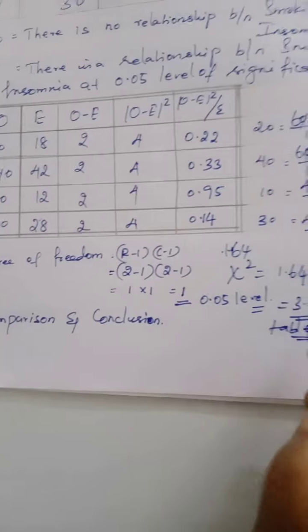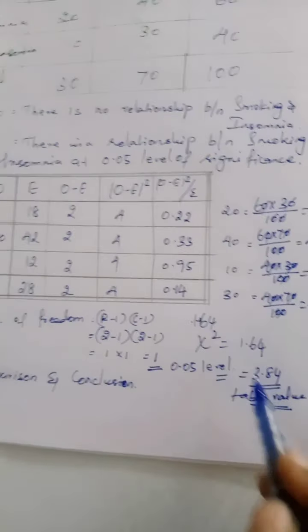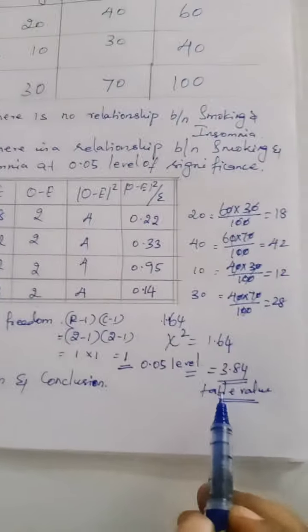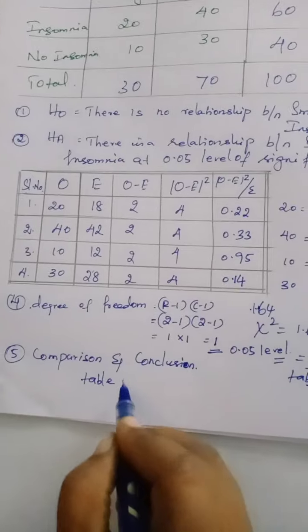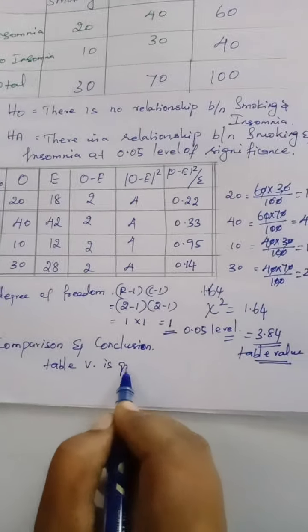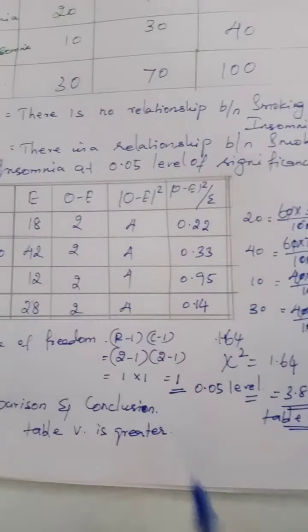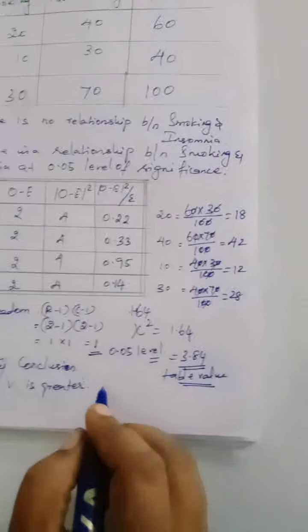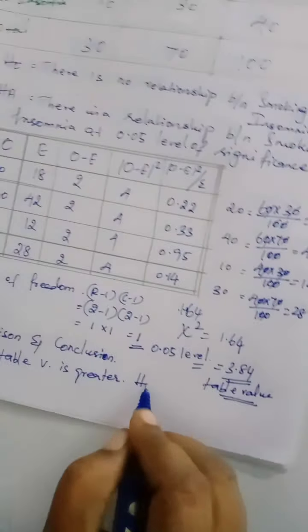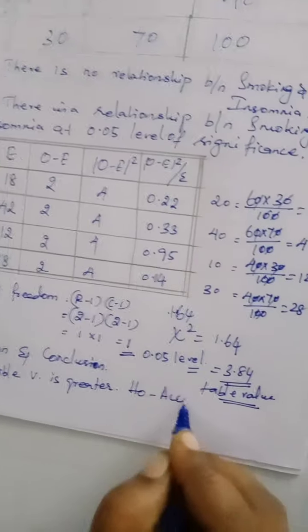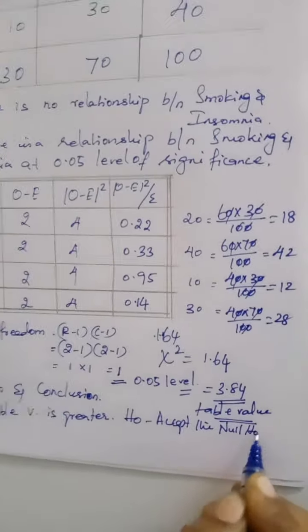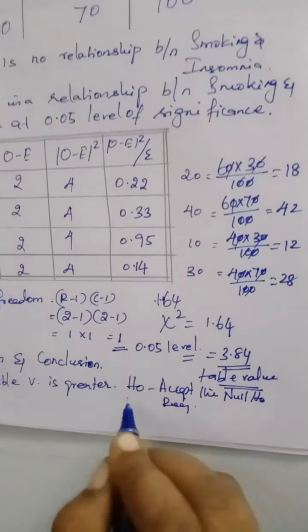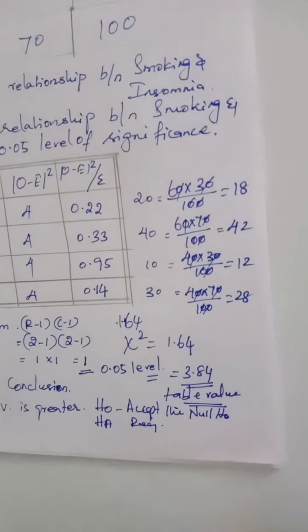In the next step, we have to compare the calculated value and the table value. When we compare, our table value is greater. So in that case, what do we have to do? We have to accept the null hypothesis and reject the alternative hypothesis.